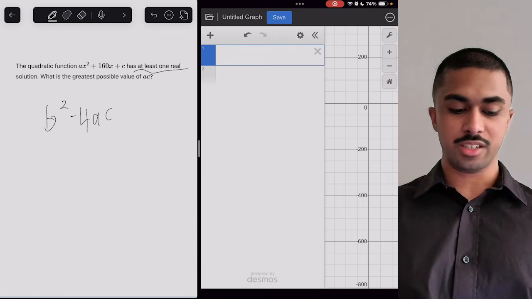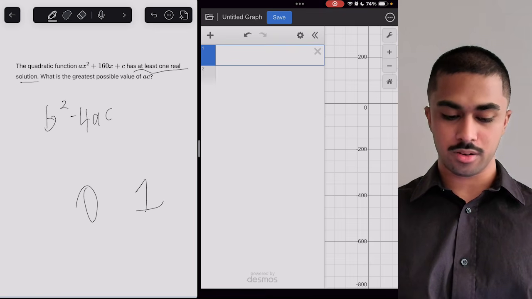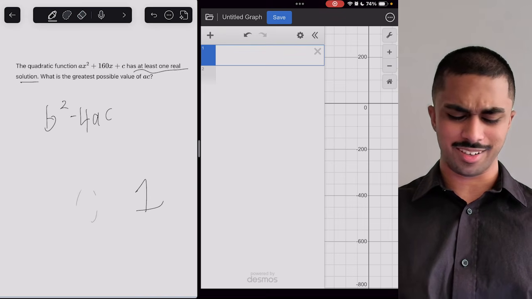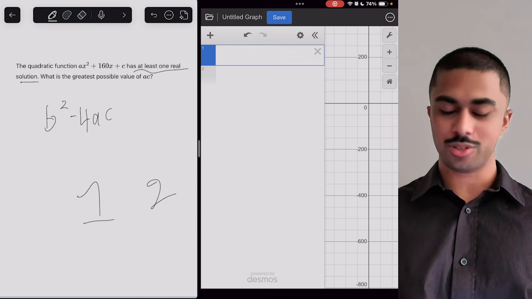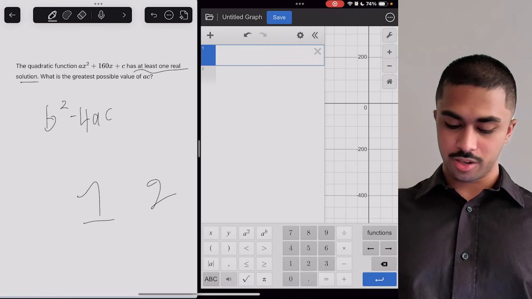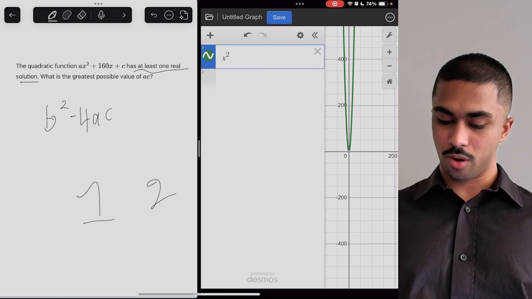Because if it says at least one real solution, it can be 0 or 1 solutions. I mean, what am I saying? It can either be 1 or 2 real solutions. I'm going to draw this out just to make it real for you. So this is a parabola with one real solution.